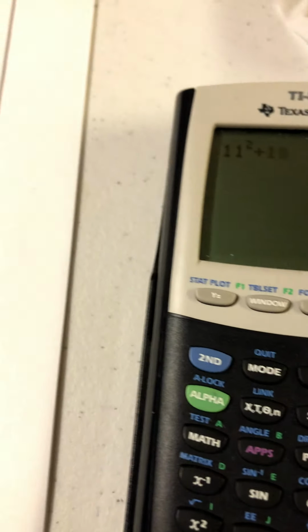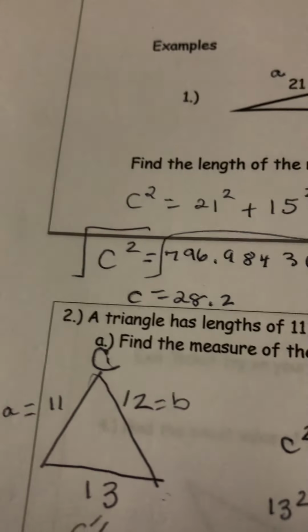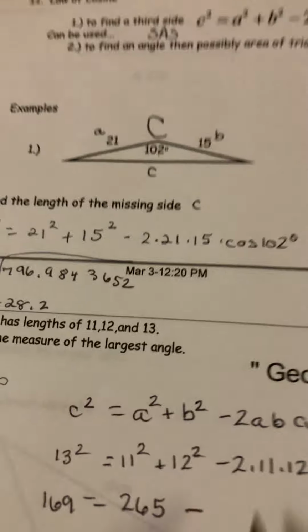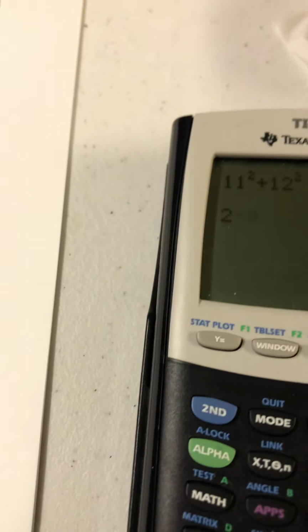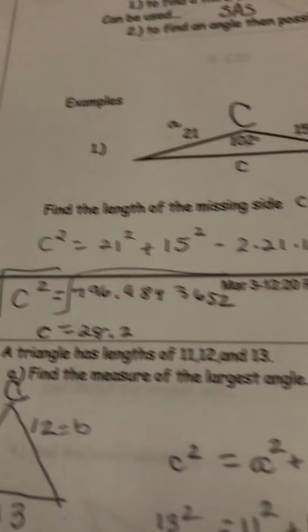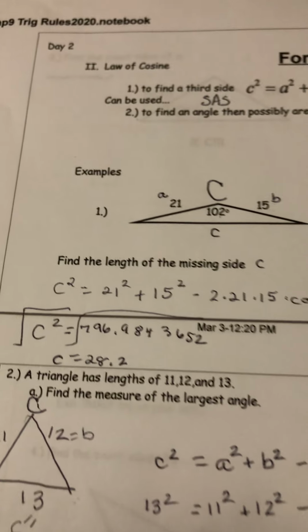Let's see, what is 11 squared plus 12 squared? Well, that is 265, minus, now we need to take 2 times 11 times 12, which is 264. So that's 264 cosine angle C.